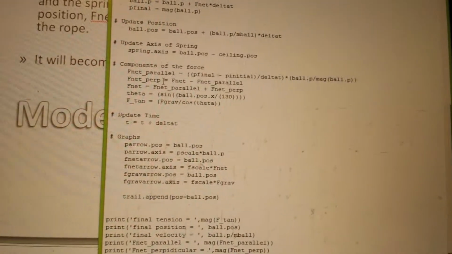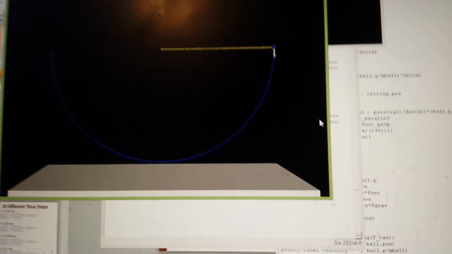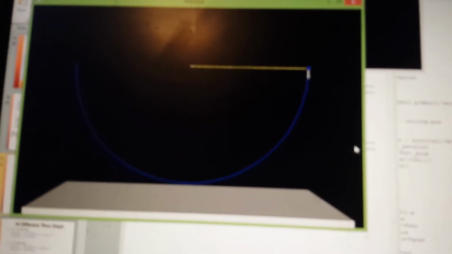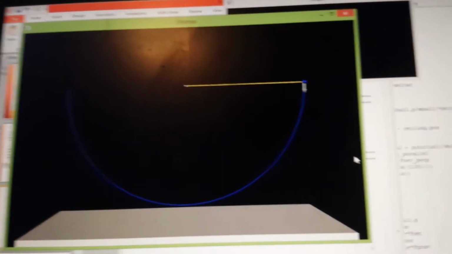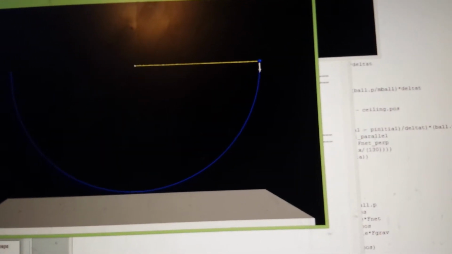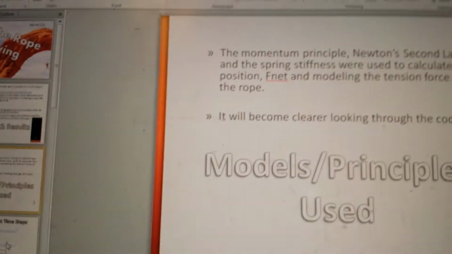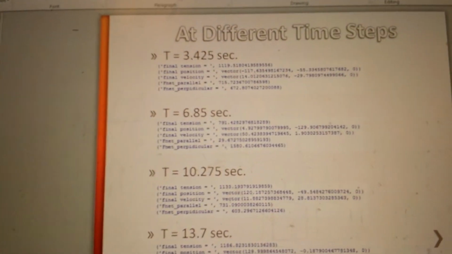Let's run the code. The red is the momentum, and the blue was the F-net, and the white was the force of gravity, at different time steps.